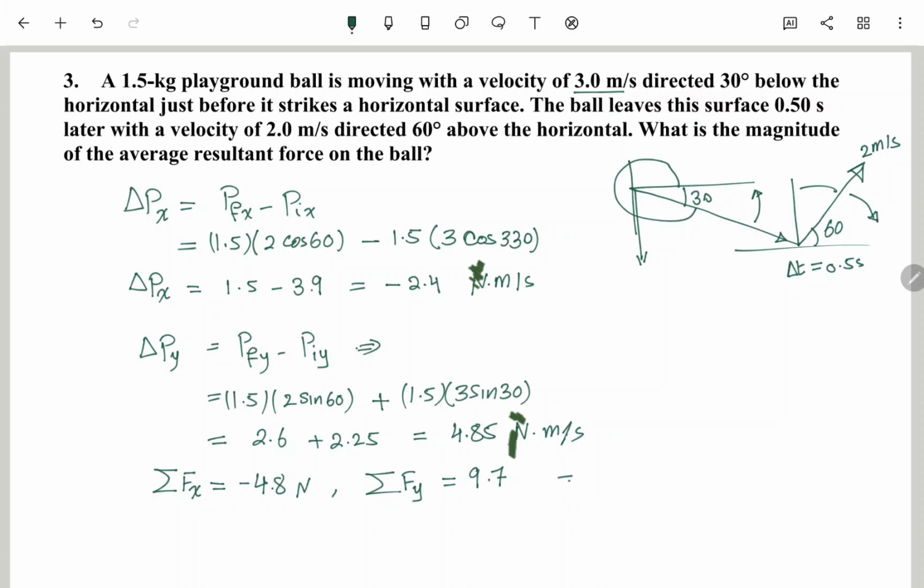Now F in this case will be equal to square root of fx square, 4.8 square with minus sign, plus 9.7 square. You simplify this one here, F will be equal to almost 11 newtons.